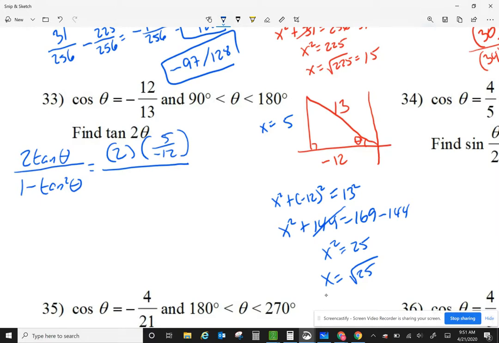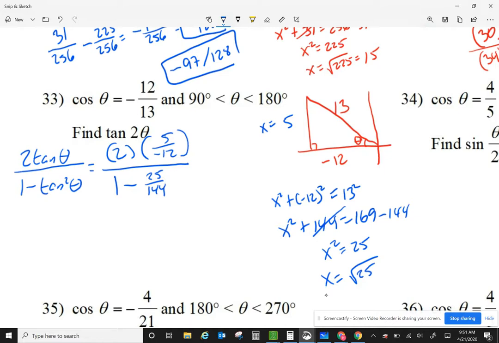Now at the bottom, I have 1 minus. I know tangent is 5 over negative 12, but tangent squared will be 25 over 144. Remember, tangent was 5 over negative 12. For tangent squared, I squared each of them.